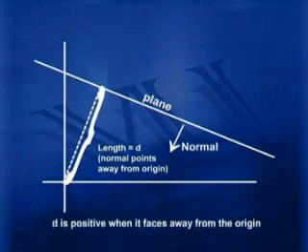Take a look at the picture. We are looking at a plane whose normal is pointing towards the origin, and here we say that the length D is a positive value. Normal away from origin, D negative. Normal towards the origin, D positive.